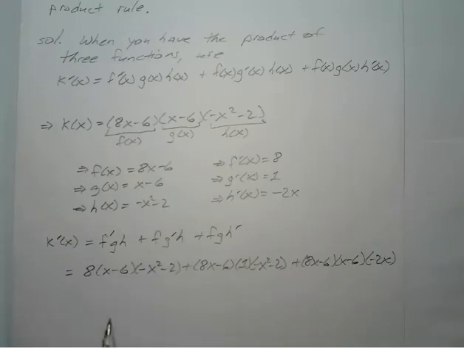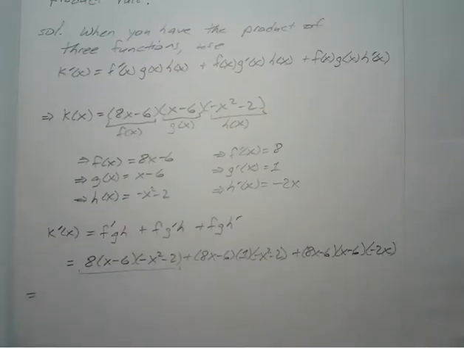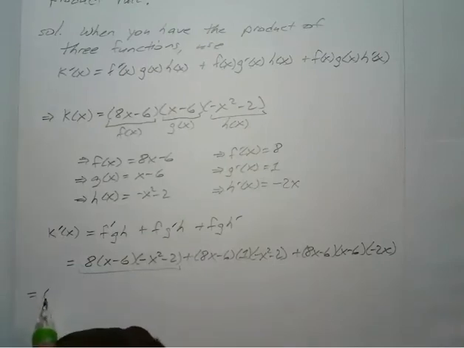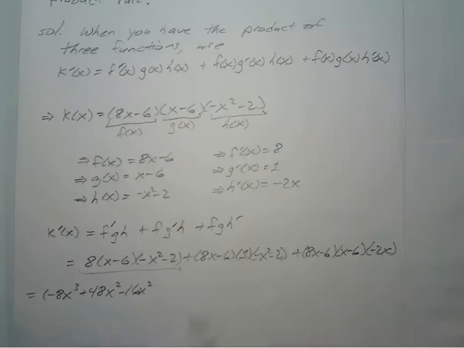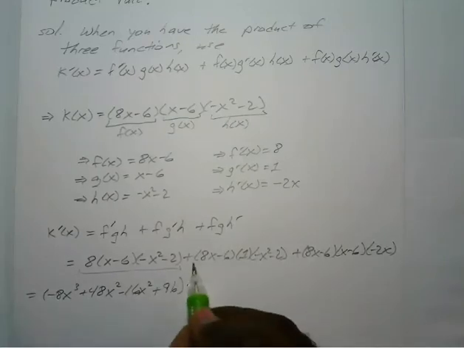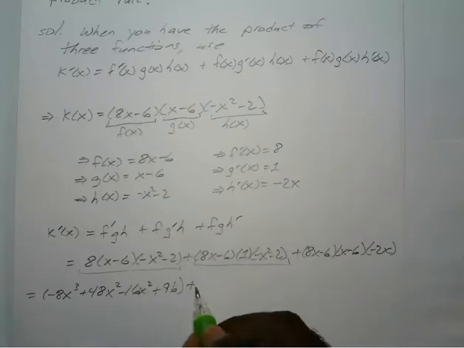Alright, so if we go ahead and simplify each of those terms, pull this all the way over to the left because it's going to get a little bit messy. So if we simplify this one by distributing that and then foiling it out, we'll end up with negative 8x to the third power plus 48x squared minus 16x squared plus 96. Plus, go ahead and stretch this one out.